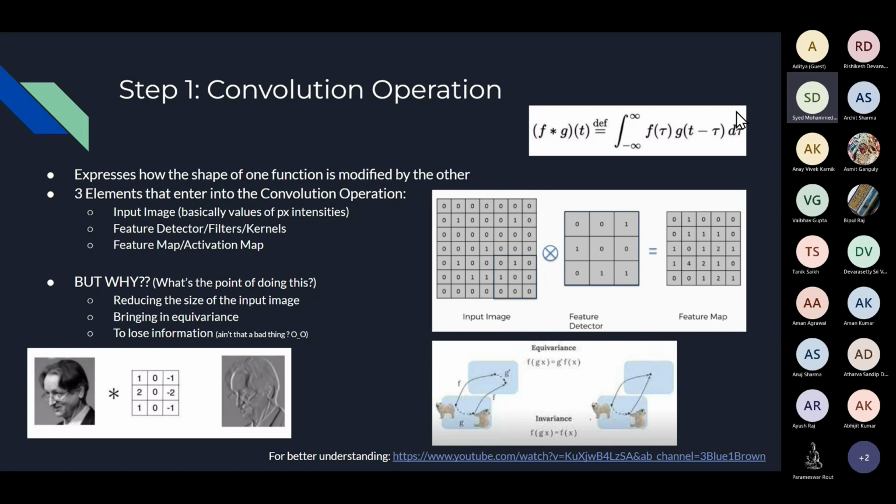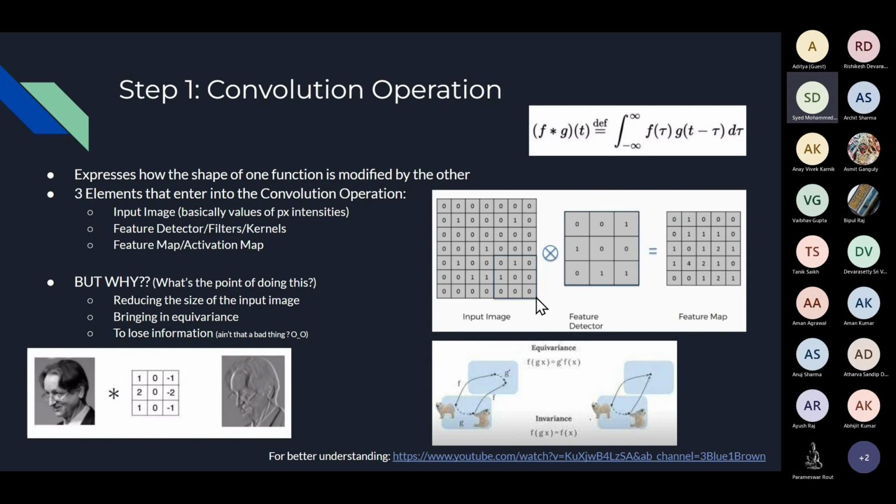Okay, considering the task of classifying an image, we have three basic things that go into this convolution operation. First is the input image, which is basically a matrix of pixel intensities. It really depends what your image is like.